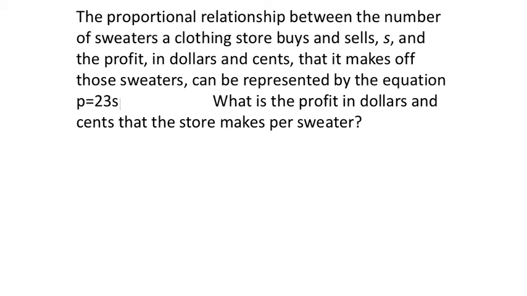So let's read this extraordinarily long word problem. The proportional relationship between the number of sweaters a clothing store buys and sells, S, and the profit in dollars and cents that it makes off those sweaters can be represented by the equation P, so I guess that's profit, equals 23S. S, remember that's sweaters.